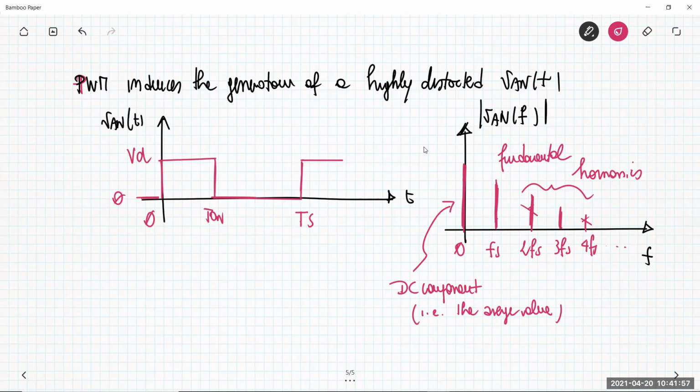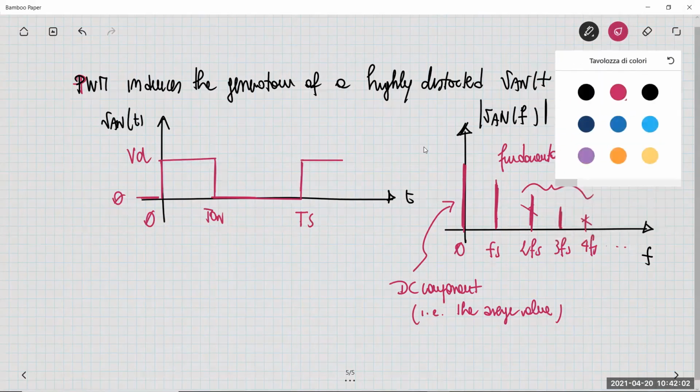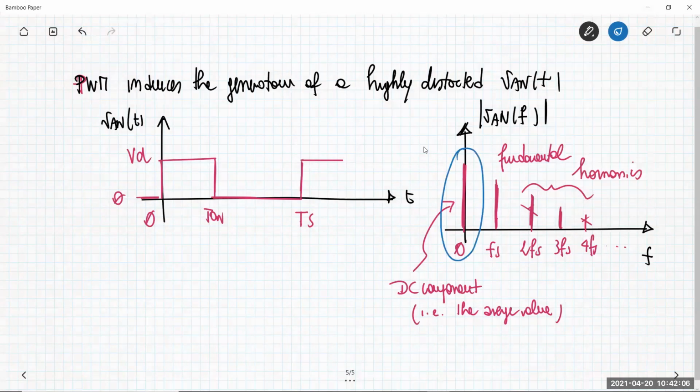But this spectrum also includes the information that I need to recover. And the information that I need to recover is in the average value. The value of this average quantity is exactly K pole multiplied by the control voltage A. This is the value of this harmonic.